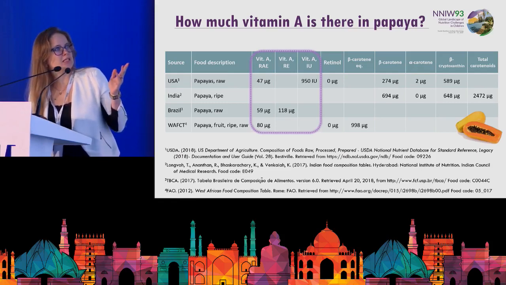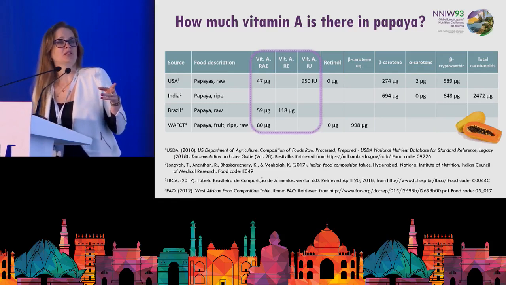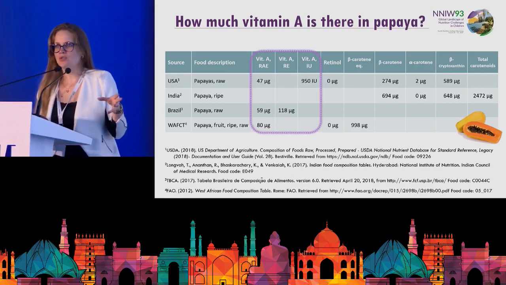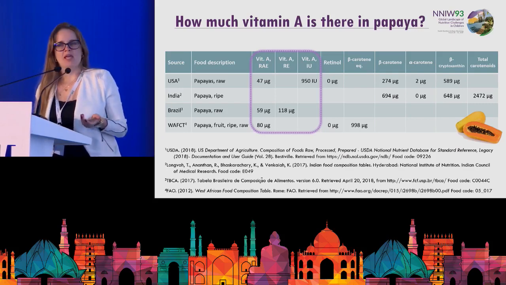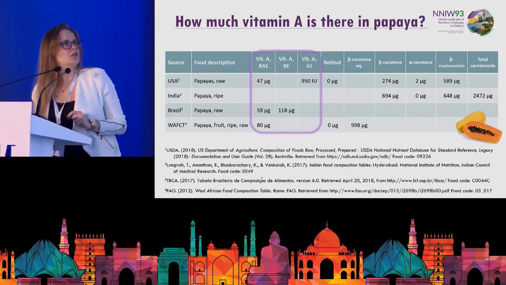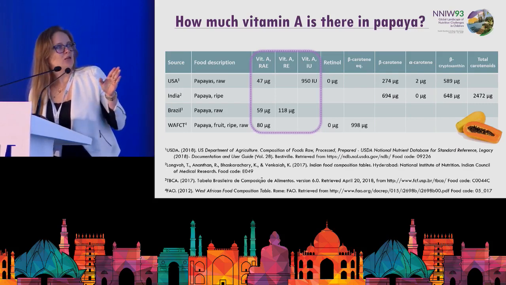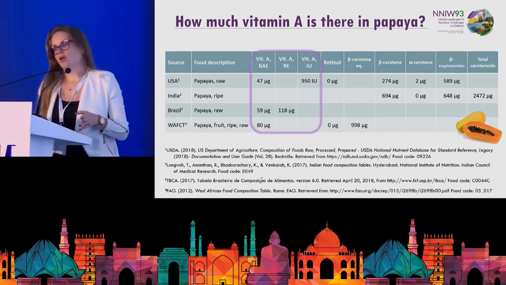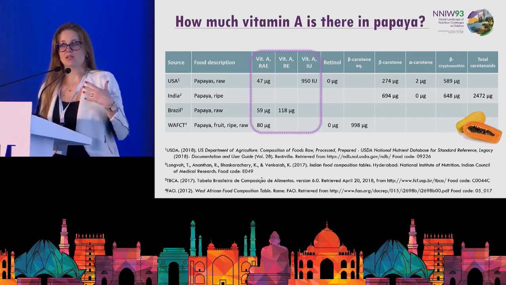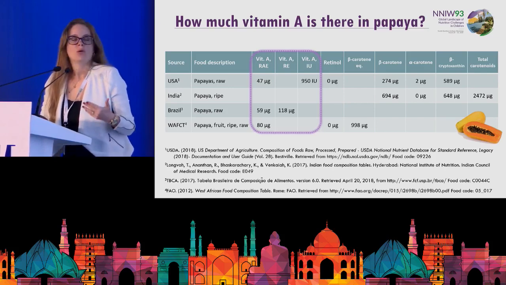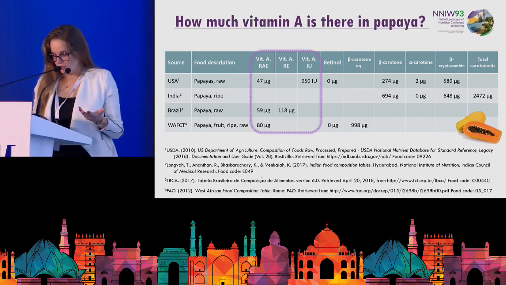So for example, in India, we have detailed information on the components that we use to calculate total vitamin A, but we don't have the total value, making it difficult for users. And if we look at the values under each column, we can see that the numbers are quite different. So that's why it's important to know which type of data we are looking for.